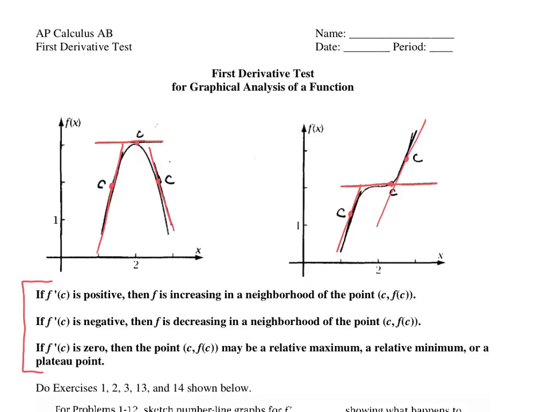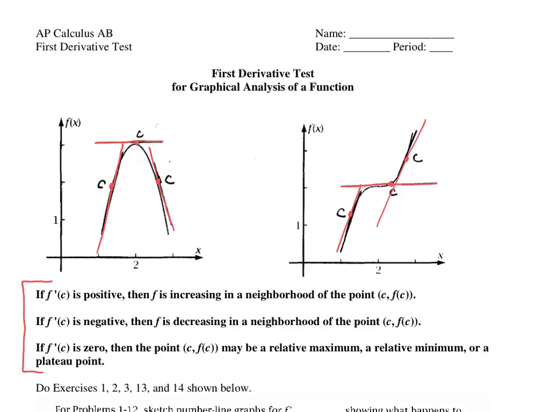We'll talk about how to define those intervals here. If f prime of c is negative, then f is decreasing in a neighborhood of the point c, f of c. And finally, if f prime of c is 0, then the point may be one of three things: a relative maximum, a relative minimum, or a plateau point.